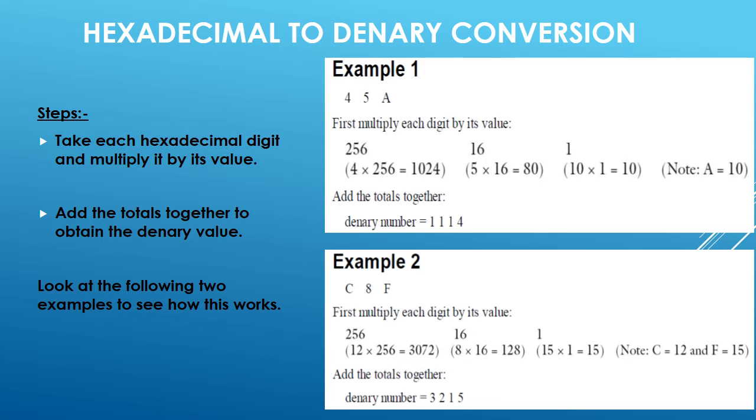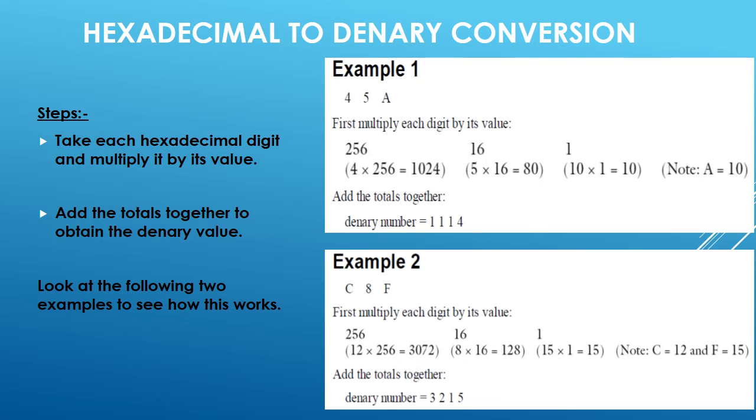For example, we are given the hexadecimal number 45A. First, multiply each digit by its value. 4 will be multiplied with its hexadecimal notation, which is 256. 5 will be multiplied with its hexadecimal notation, which is 16.